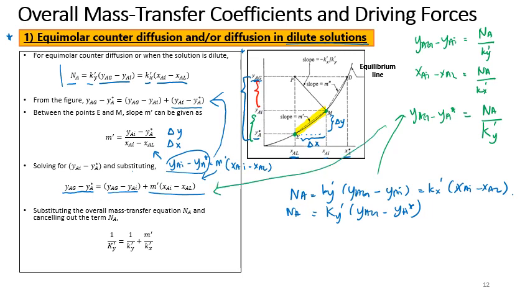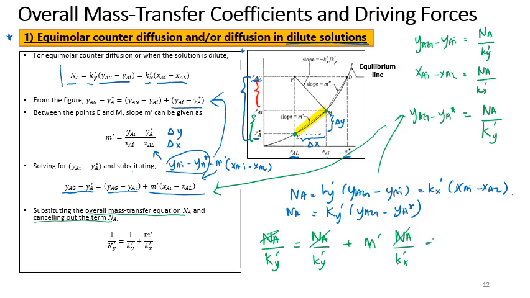So YAG minus YA star equals NA over capital KY, and YAG minus YAI is NA over KY plus M prime times NA over KX prime. So you substitute with the overall mass transfer equation for NA, and cancel out the term NA.